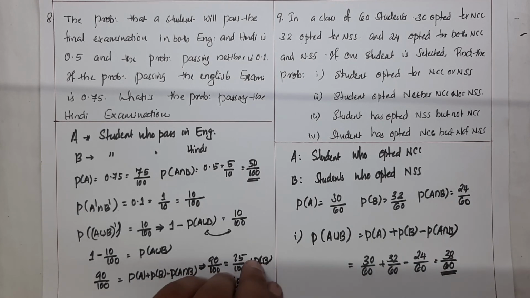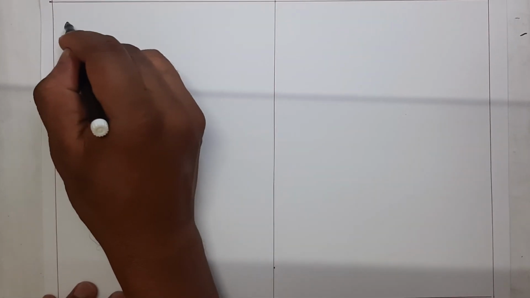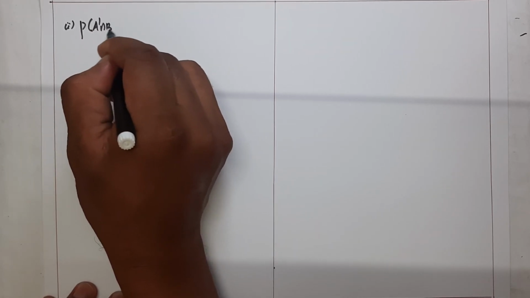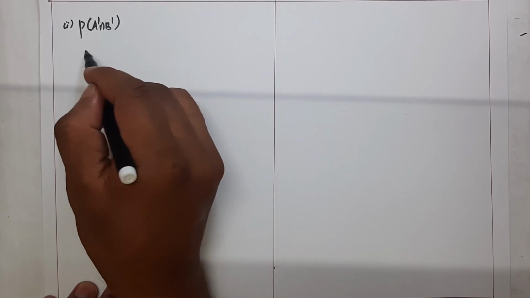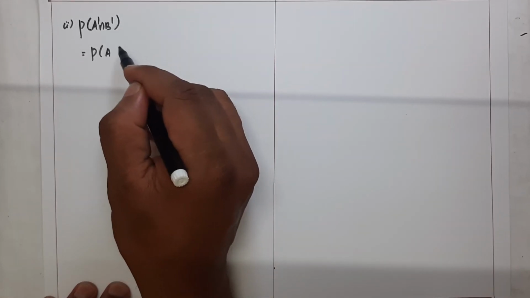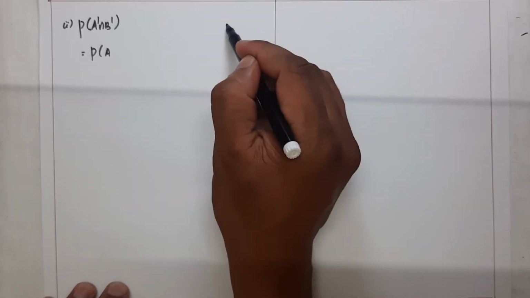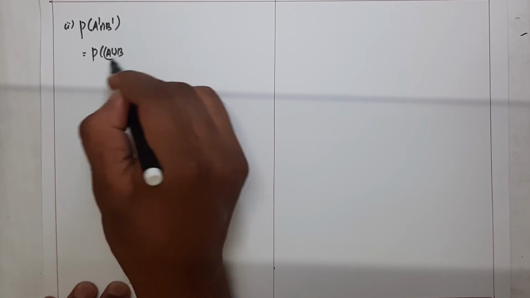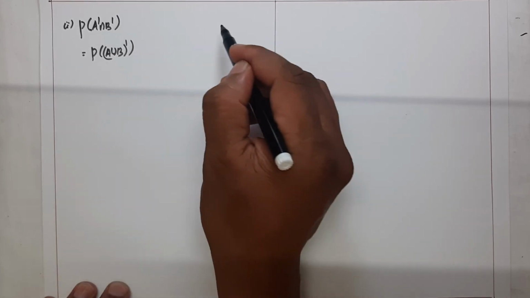Next question, the student opted neither NCC nor NSS. That is, we find P of A complement intersection B complement. Using De Morgan's law, A complement intersection B complement is equal to A union B the whole complement.